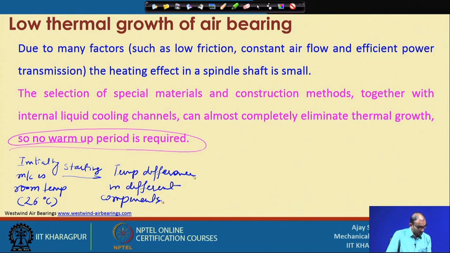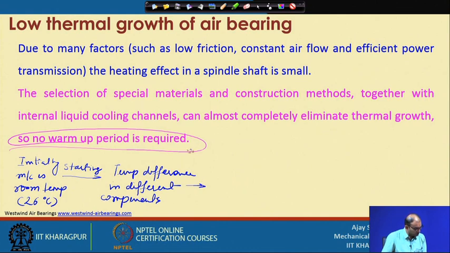So, what is going to happen because of that, you will get some loosening of the connection, in the sense that you are not actually getting the target value at one particular location. Because of that, there is a growth of the different components differently, because materials are different, their thermal coefficients of expansion are different. So, you will get a different growth in that.